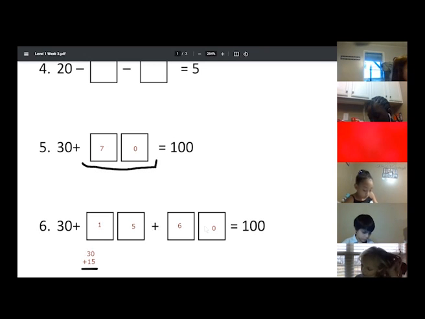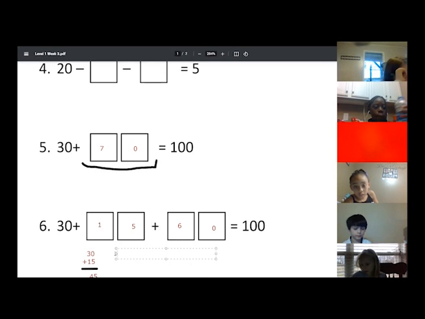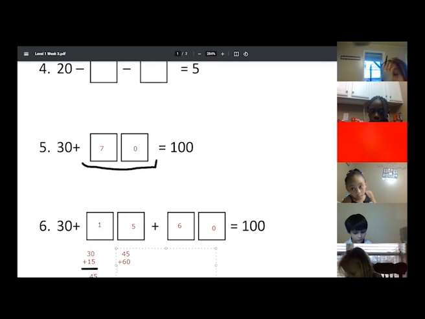That can be any number as long as the addition works, as long as we don't use a 0 twice or the same number twice. Yeah, we can't use the same number twice. So I think it was McKinley said 30 plus 15 plus 60. So 30 plus 15 is 45 plus 60. Does that give us 100?